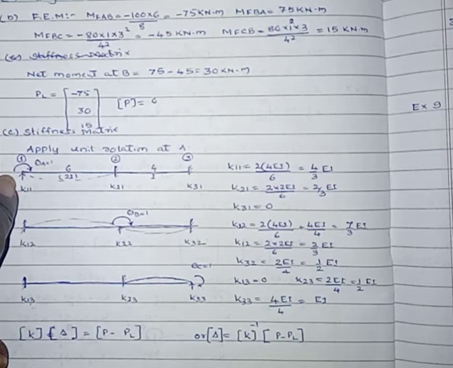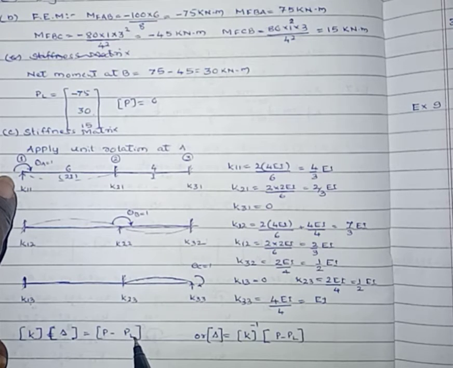Here we know that the redundant matrix can be found out by using the relation, stiffness matrix into the displacement equals P minus PL, where P is the load due to any overhanging supports or pre-existing moments.